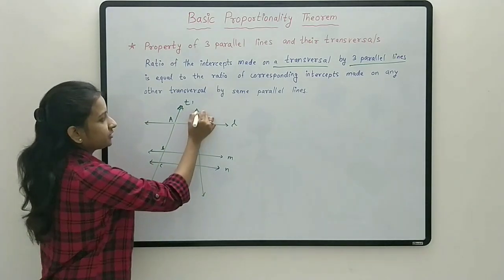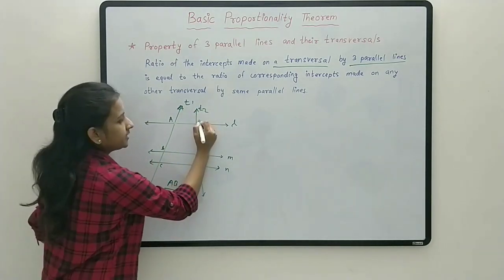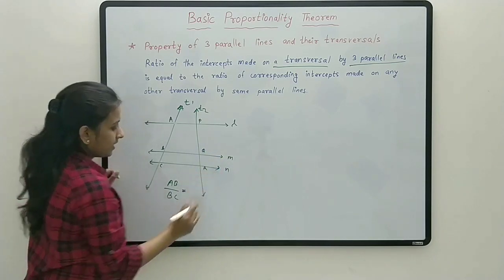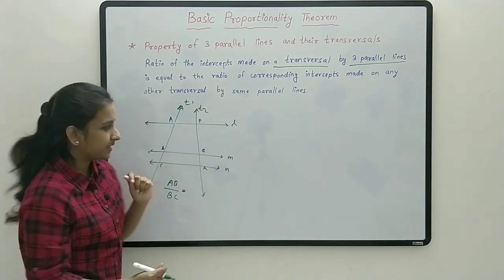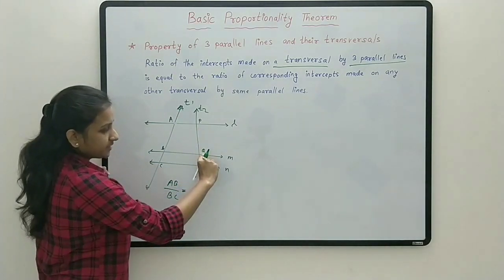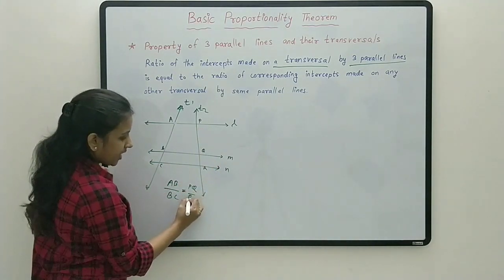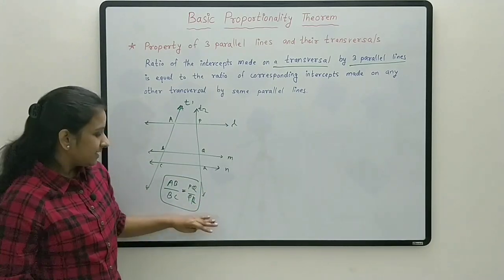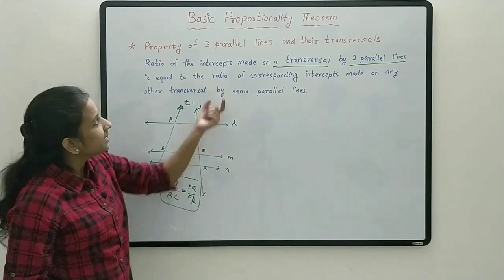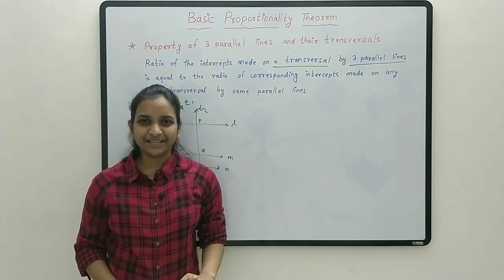Let's take any other transversal, say T2, and the points are P, Q, R. So the corresponding intercepts ratio is PQ by QR. Got it?